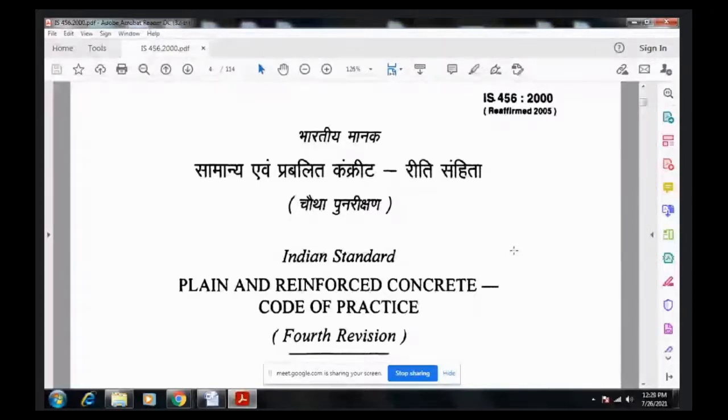So at this particular stage, like in the initial stage you took sanction from the municipal corporation, similarly at the end also, you have to take a completion certificate. This completion certificate allows you to use that particular structure for your purpose.